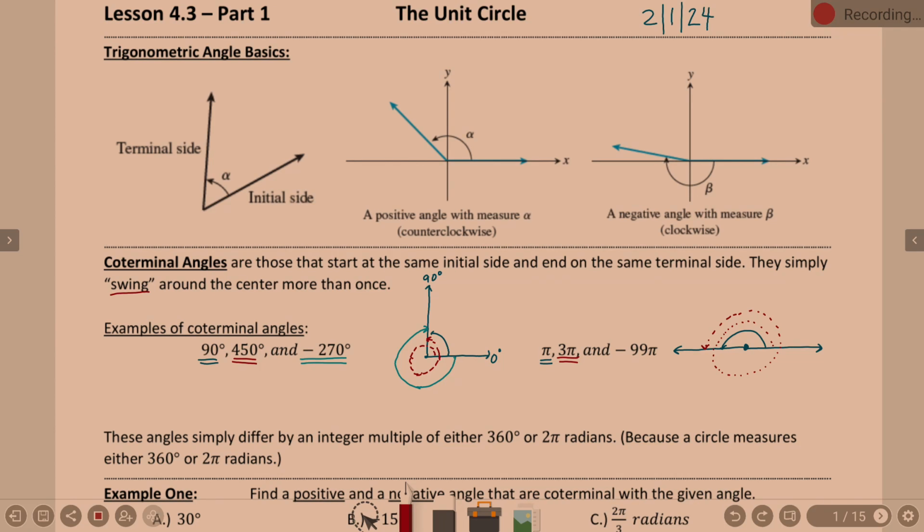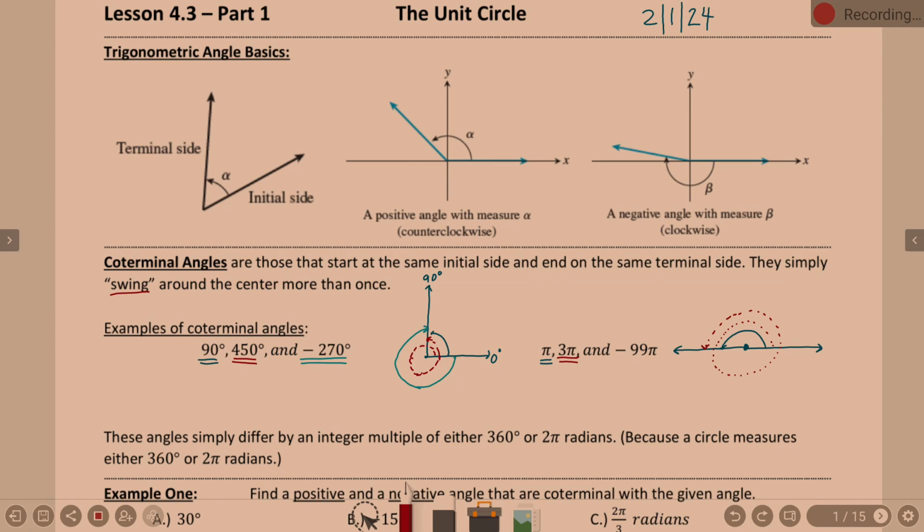Now, let me ask you something. If we kept going in the positive direction, okay? So right now I stopped at technically 3 pi. If I kept going in the positive direction, what's the next time I would hit this same angle? 5 pi? Do you see that? Because every time around the circle, what are you adding?